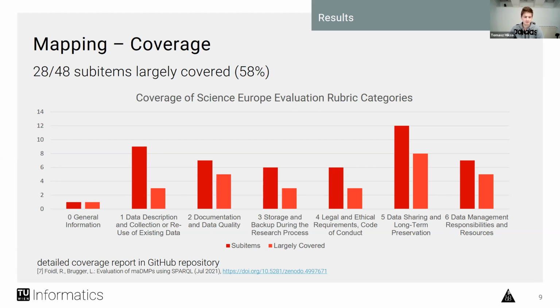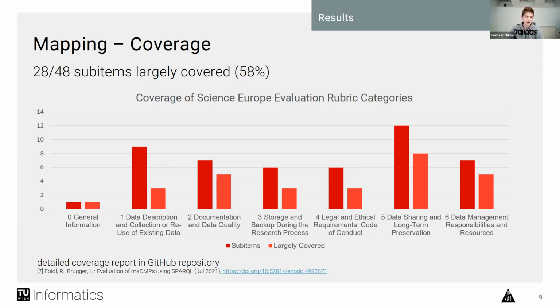Each of those sub-items contains requirements which should be covered or mentioned when creating a DMP. In this graphic, for example, category 2, documentation and data quality, has a sub-item that says, use community metadata standards where they are in place. And this graphic shows how many of those sub-items per category we were able to cover with our queries.